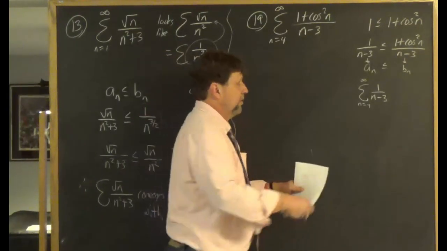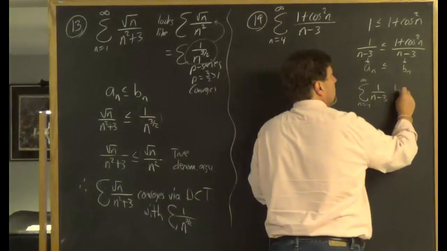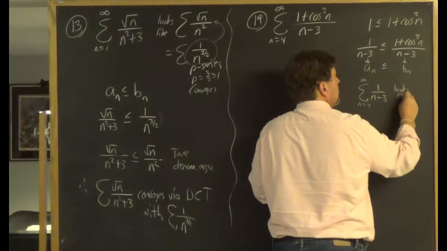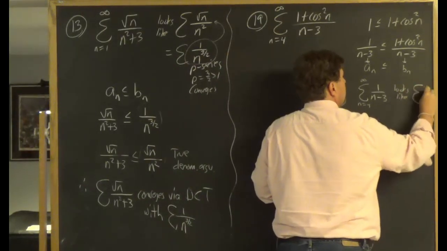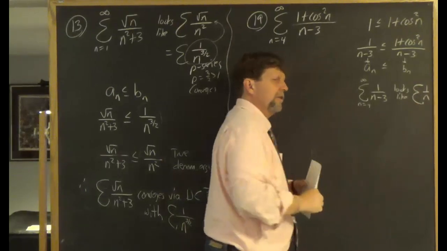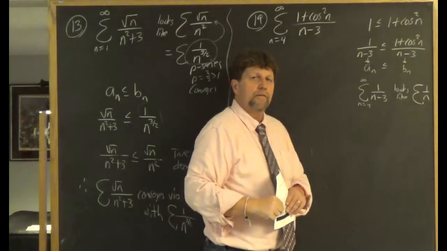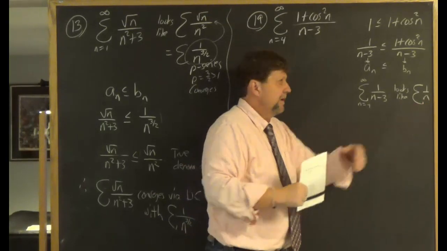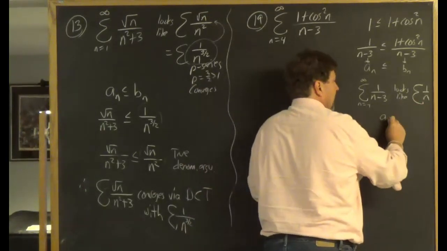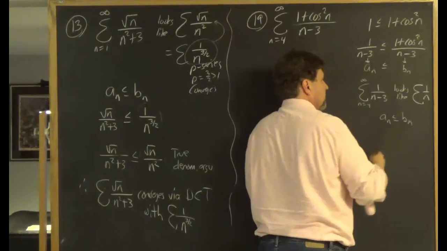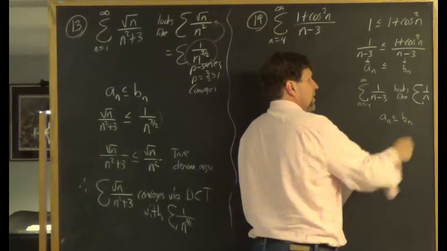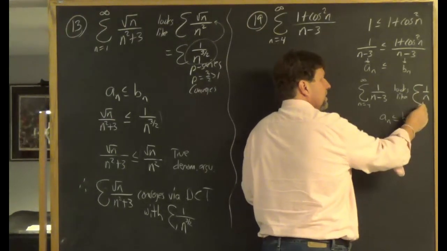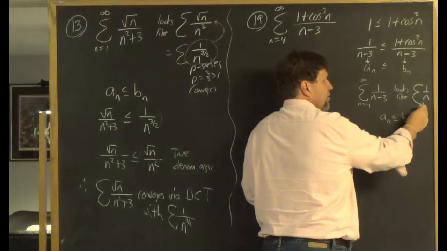Well, doesn't it look like the series 1 over n, the harmonic series? And if I write down the preamble for the direct comparison test, we know the harmonic series diverges.